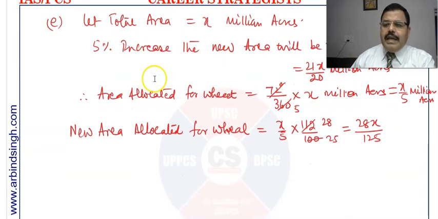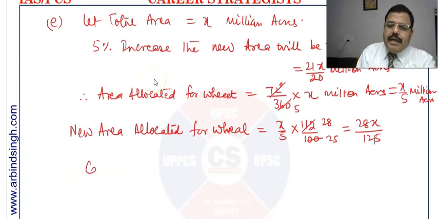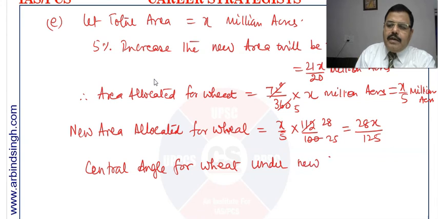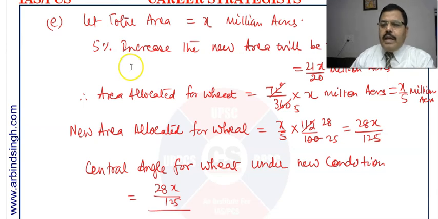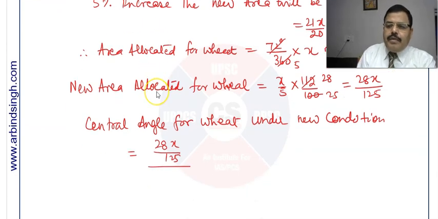Now the central angle for wheat under the new condition will be what? The area of wheat is 28x by 125 upon the total area 21x upon 20, multiplied by 360 degree.